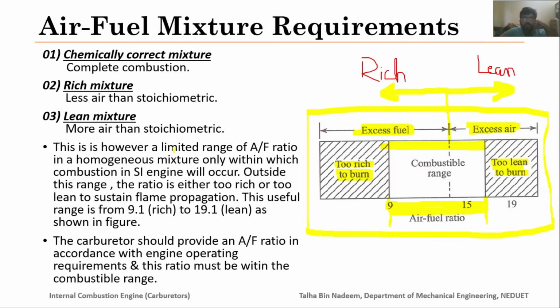So this is, however, a limited range of air fuel ratio in a homogeneous mixture, only within which combustion in an SI engine will occur. Outside this range, the ratio is either too rich or too lean to sustain flame propagation. This useful range is from 9 to 19 as shown in the figure.